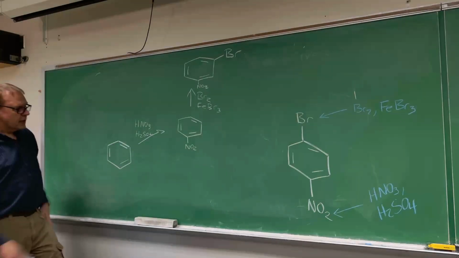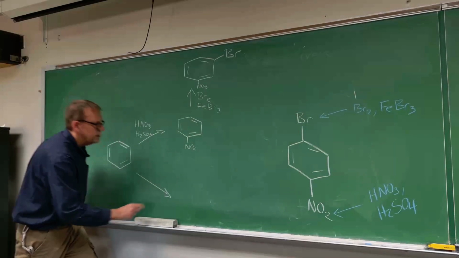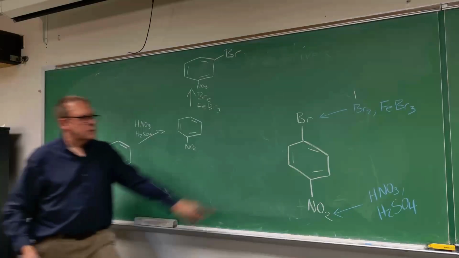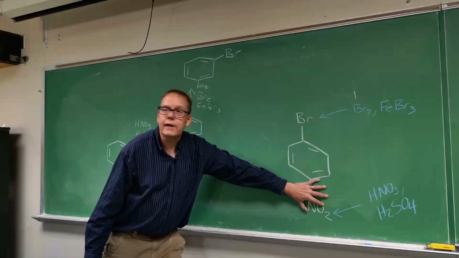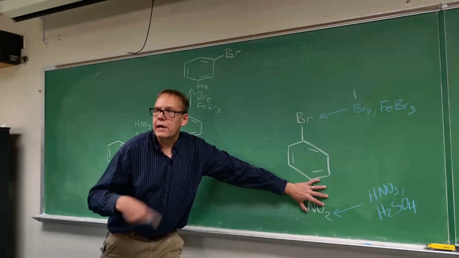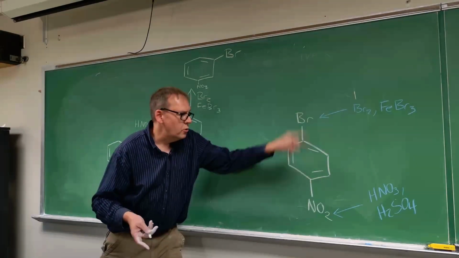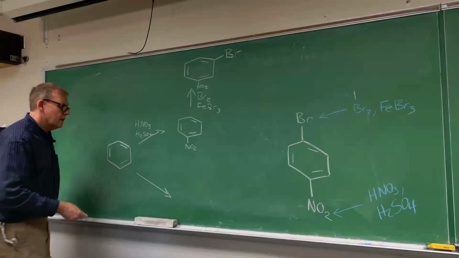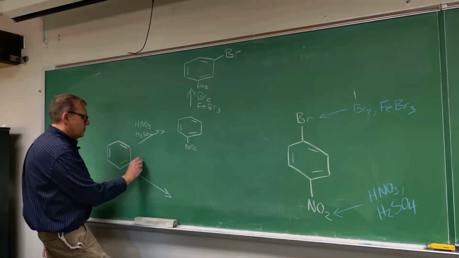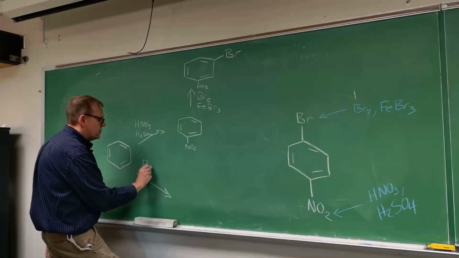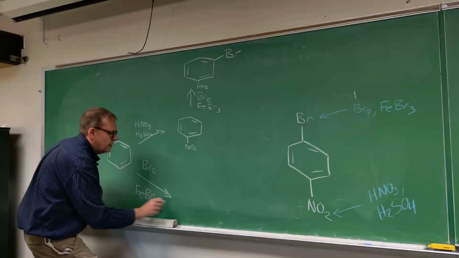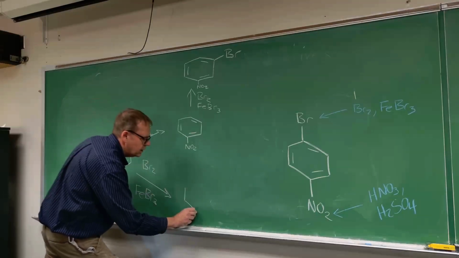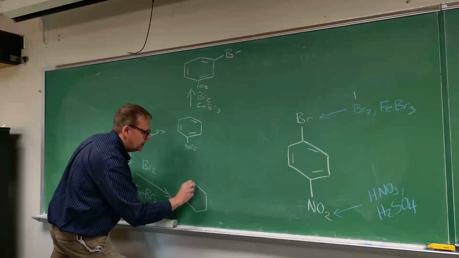So the way to fix that is to first put on the bromine, because the bromine is an ortho-para director. In other words, if you've got a ring that has just bromine on it, the next reaction that you do, the nitration, is going to put it in the right spot. So if you do Br2 and then FeBr3 together at the first step, you'll get bromobenzene.